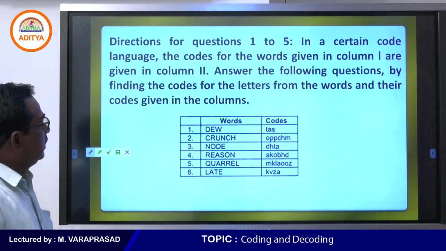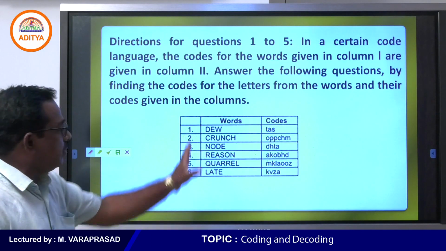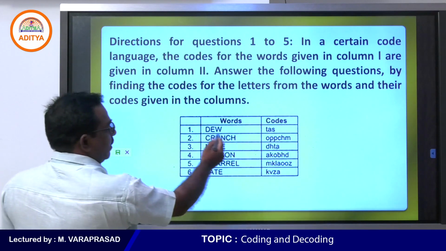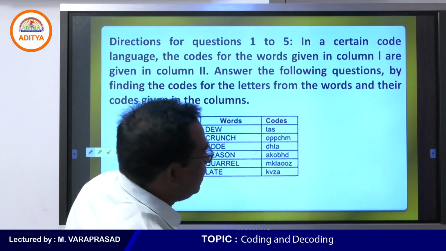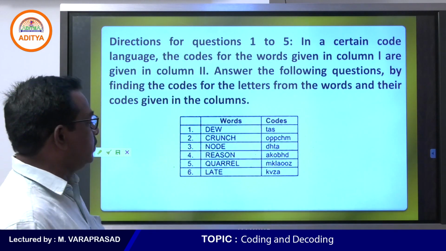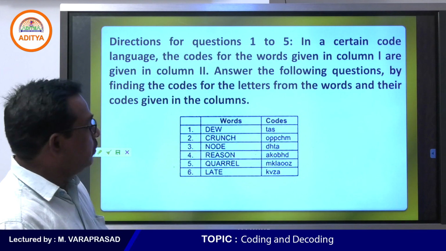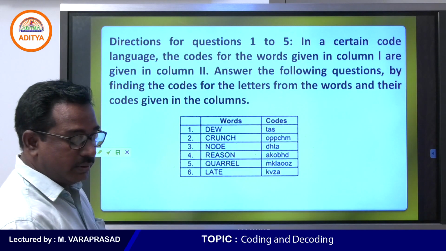Here, column 1 has words and column 2 has codes. Column 1 gives Jew, and TAS is given for it. Crunch is given as OPPCHM. I'll give questions. First, you compare and try to get the answers.